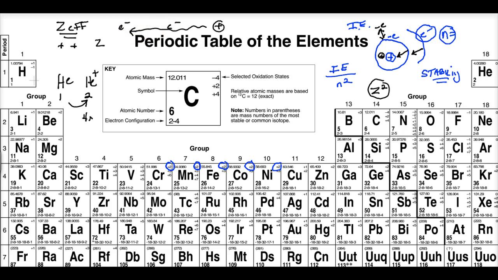Now, I guess I should draw that arrow the other way, because what you're going to have is this electron is going to be drawn into the atom or attracted to the positive charge, but this electron here is going to repel it. And by the repulsive forces, this electron feels the nucleus less. So its effective nuclear charge is going to be less than the number of protons.